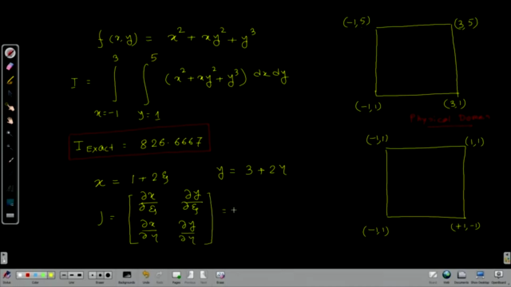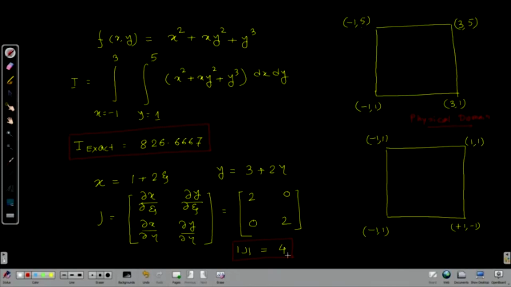So if we substitute, this will give me del x del xi is 2, this is 0, this will also be 0, and this is 2. Okay. So the determinant of Jacobian is equal to 4. In this case Jacobian is constant. So since Jacobian is constant, we can take the Jacobian out of the integration.